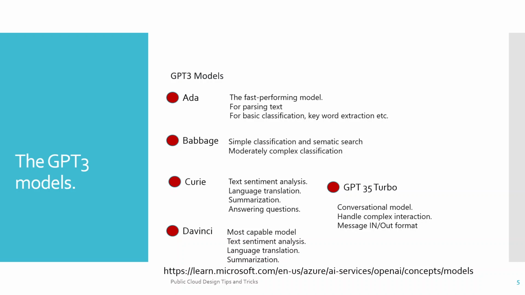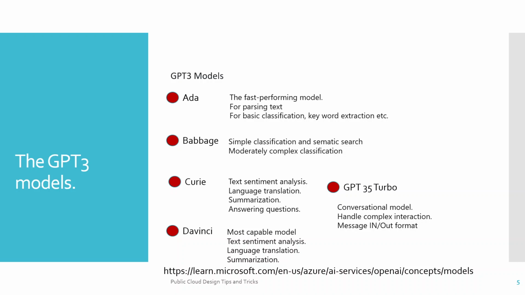Babbage does simple classification and semantic search, and it also does moderate classification or few complex classifications. Curie does text sentiment analysis, language translation, summarization, answering questions, all these things. It's a normal GPT thing actually.